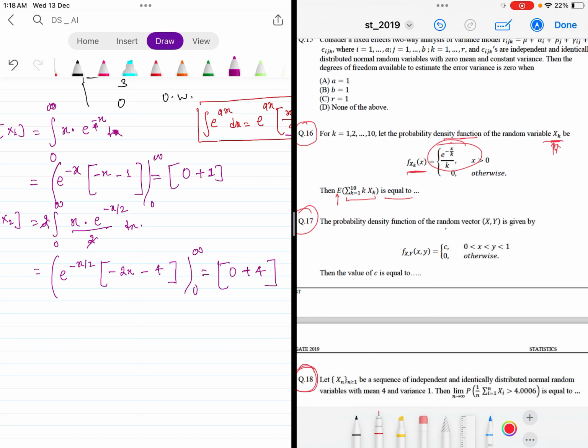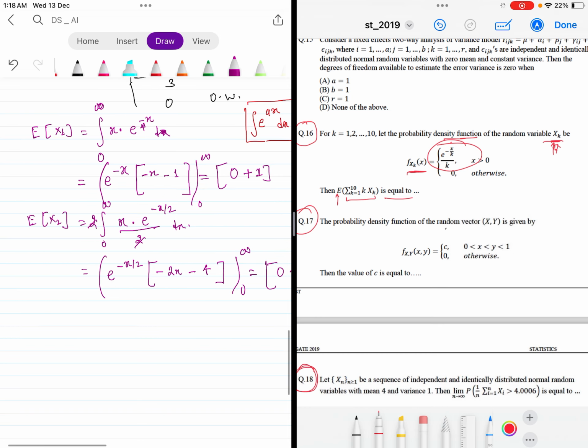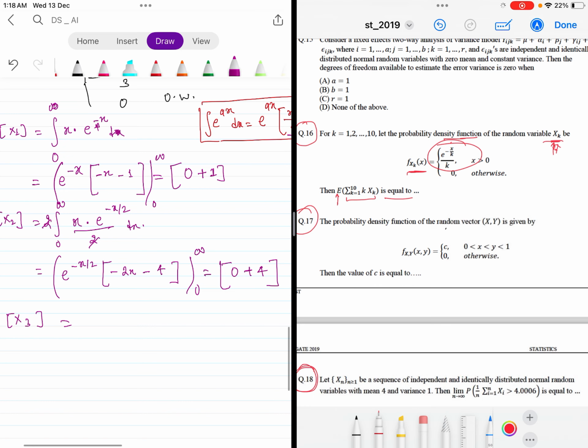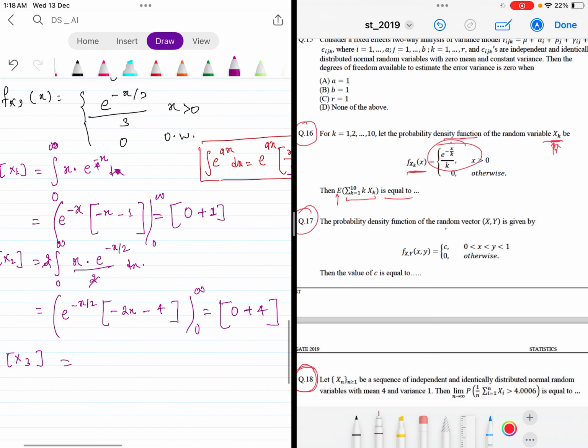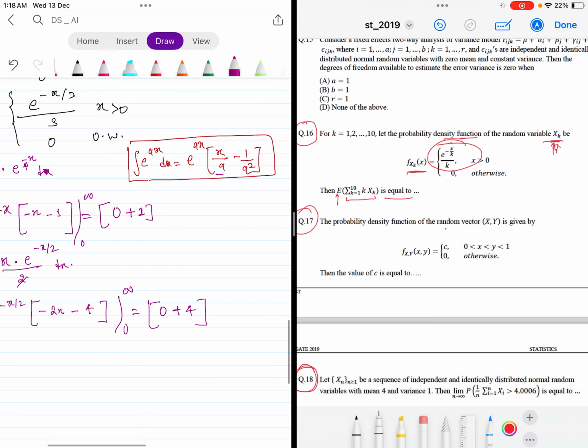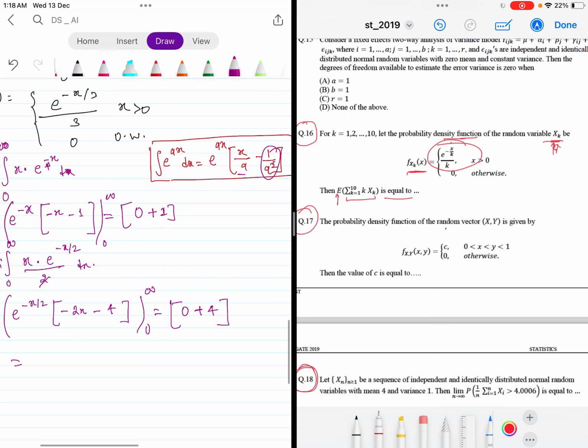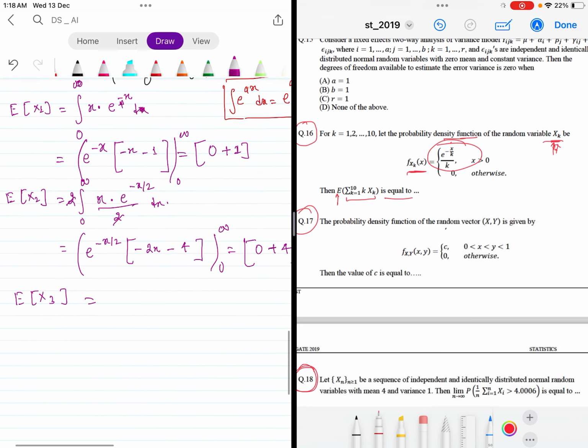Okay, so when we calculate this e to the power x cubed, what we will be getting is 9, right? Because this is square, this 1 divided by a is getting reflected here, a is 1 by 2, so we will be getting 4, so here we will get 9.